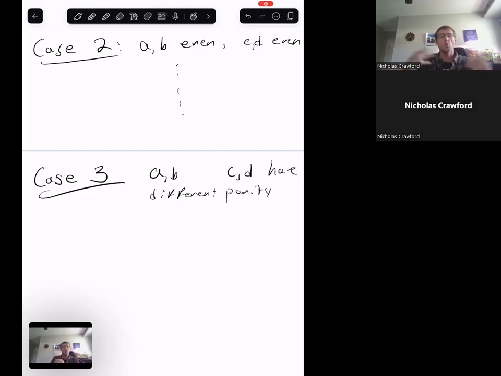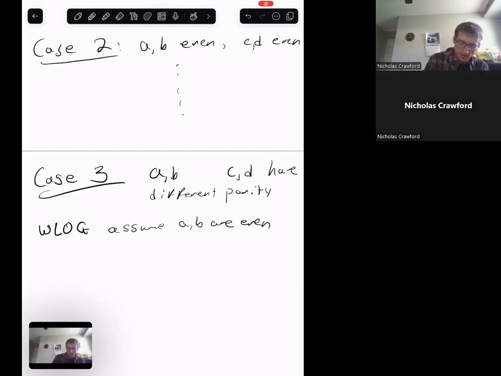So we use this phrase without loss of generality. So you can just say this without loss of generality. Assume A, B are even. That's what you should do. All right, so just without loss of generality, assume it's even, and then you could say, okay, that means C and D are odd, and then you run through all the algebra again.